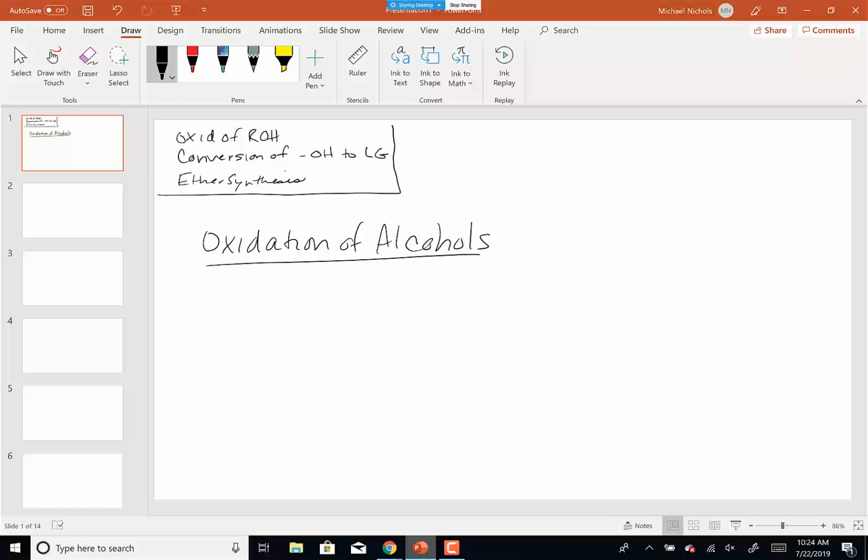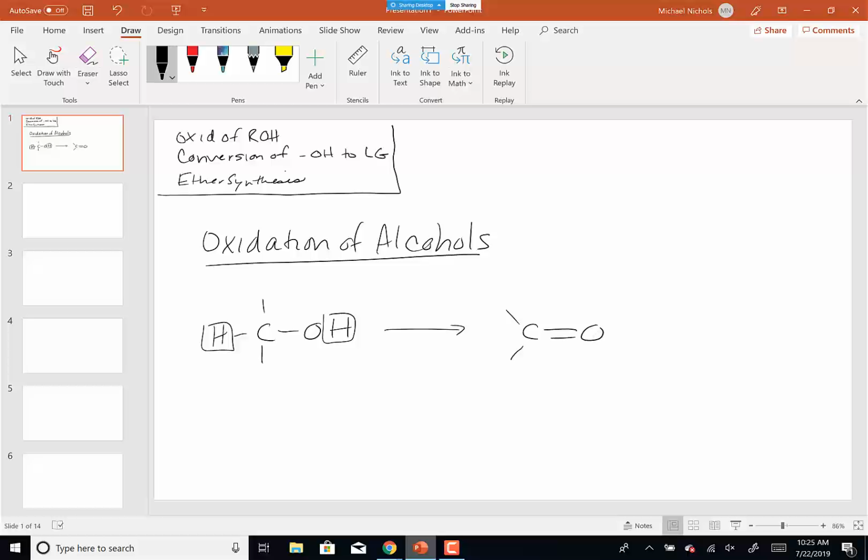When we talk about oxidizing an alcohol, we're oxidizing the carbon up to a carbonyl. Again, this is a loss of hydrogen in the oxidation.